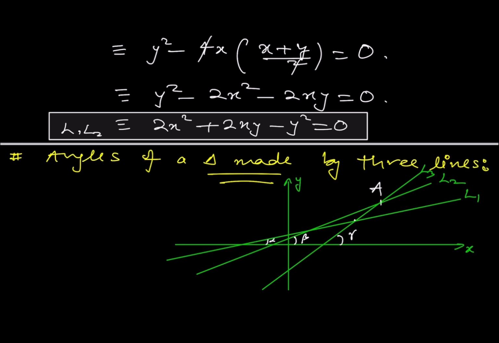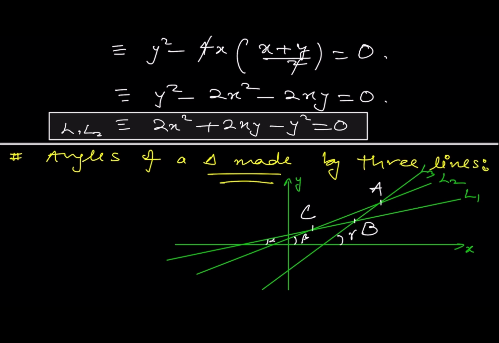See, this is A. Sorry, vertex B is with the line L3 and L1, and vertex C is with the line L1 and L2.